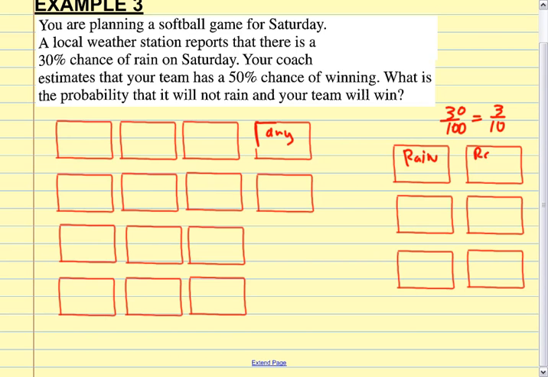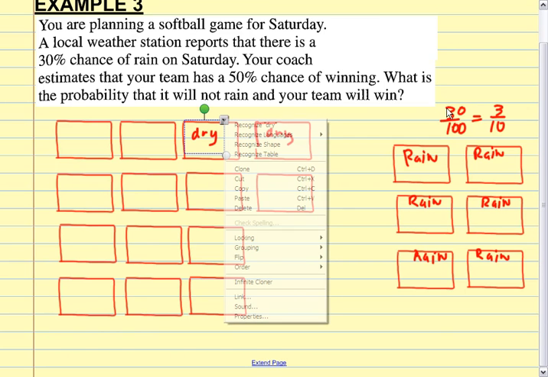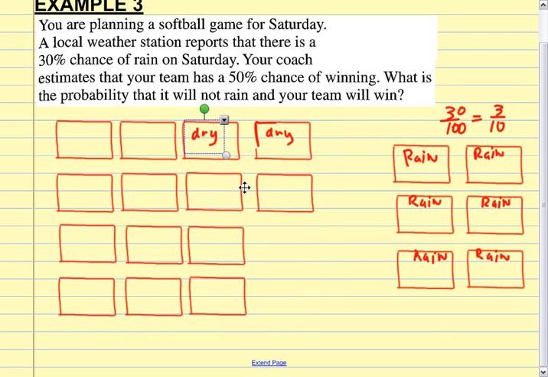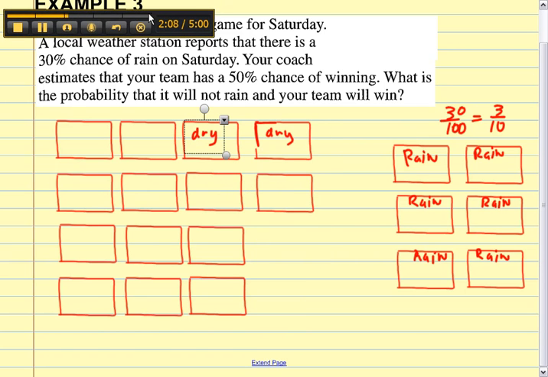Rain, rain, rain, rain, rain, and then these are all dry, D-R-Y. Let's see, can I copy that? I can copy it. Oh, nice. Let me scoop this down. Thanks. Good. And again.